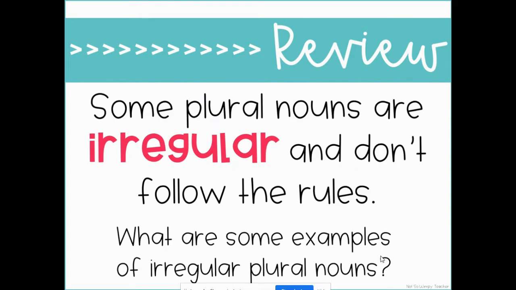Some plural nouns are irregular and don't follow the rules, meaning we don't just add an S or an ES, we completely change it. So we had some examples. A tooth turns to teeth, a goose into geese, person into people, child into children.